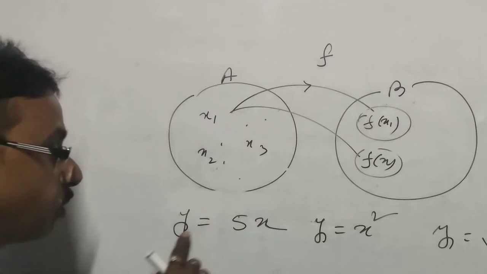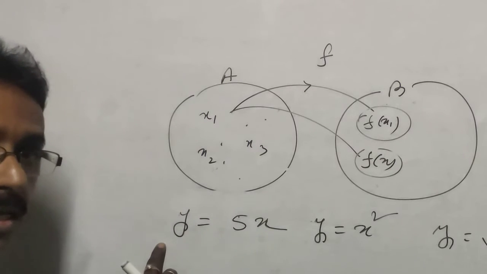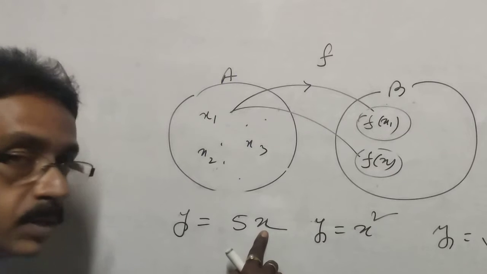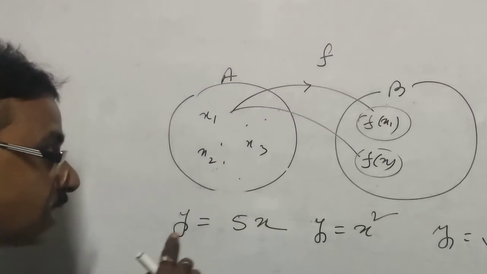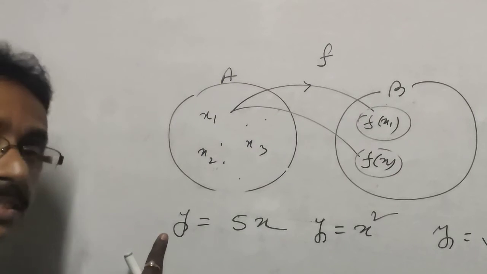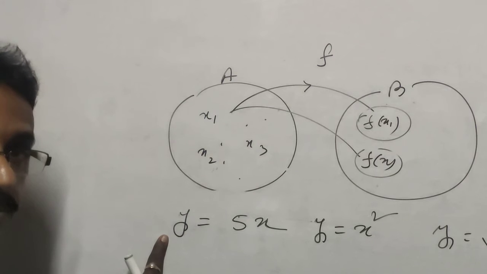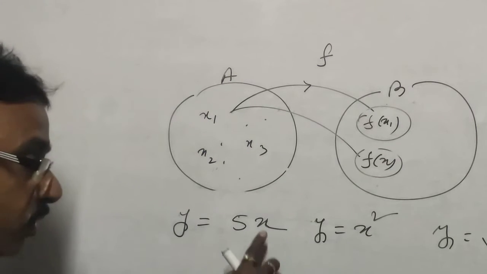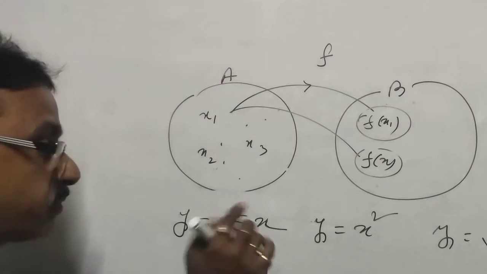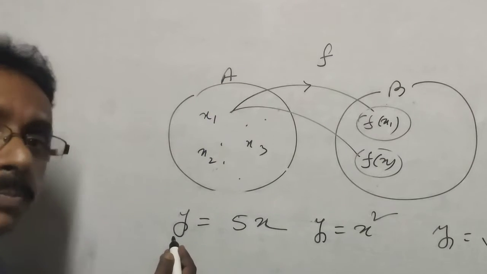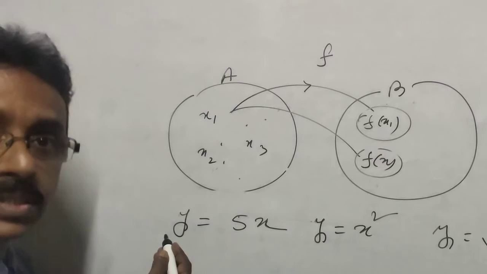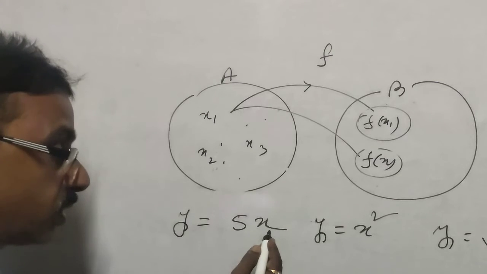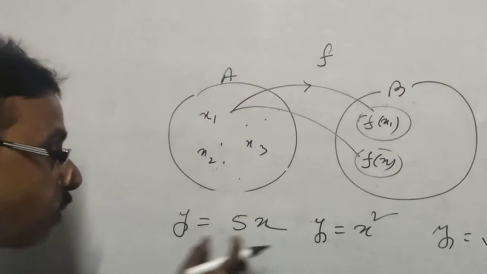Suppose x is 1, y is 5; x is 2, y is 10. So for each and every element of x there is an image, and that image is unique. There is no element of x for which we get two values of y. If x is 5, then y will be only 25, no other value. If x is 10, then y is 50.